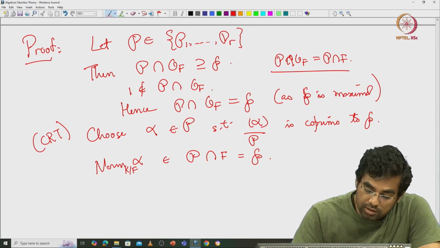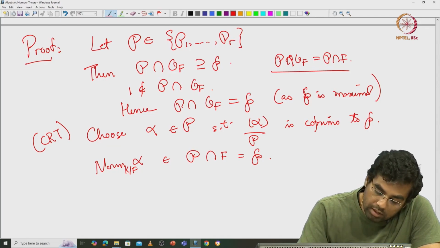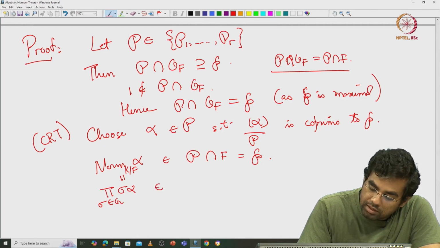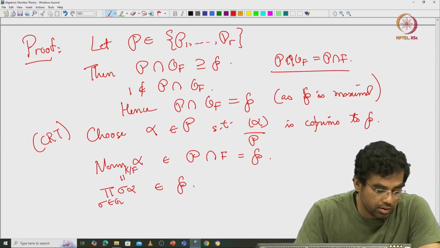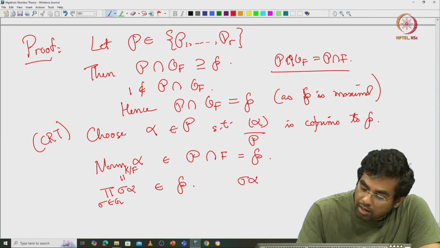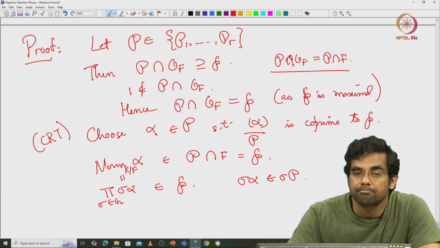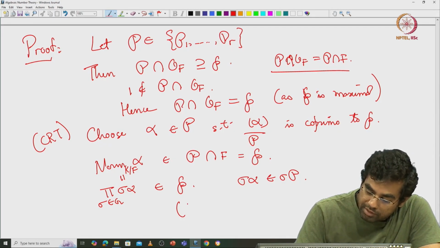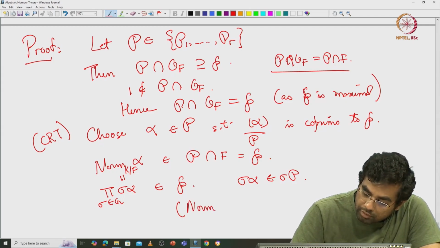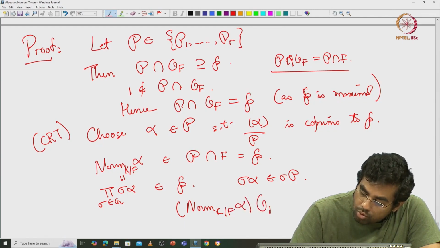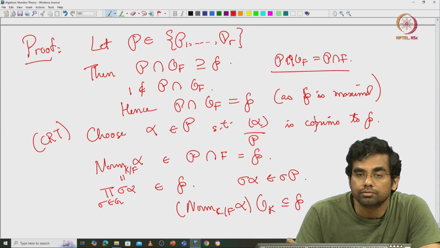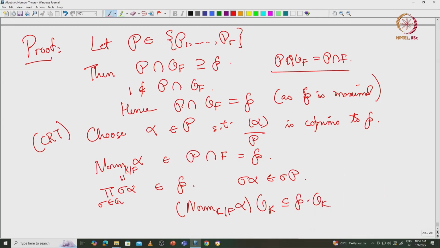In any case, this is in P, which means that the product of sigma alpha, sigma in G, is contained inside P. And so, sigma alpha belongs to sigma of P. So, if I take the ideal generated by the norm from K to F of alpha OK, this will be contained inside P times OK.